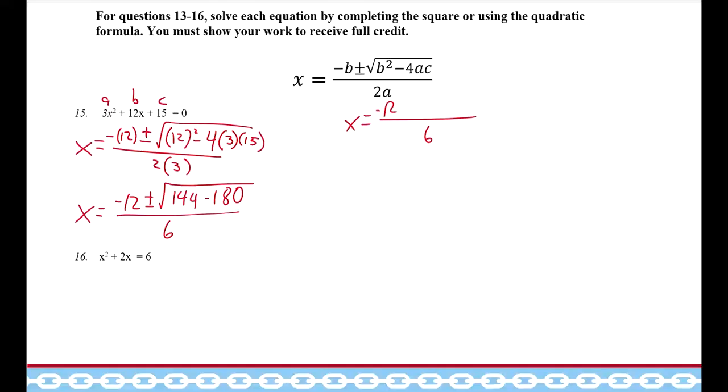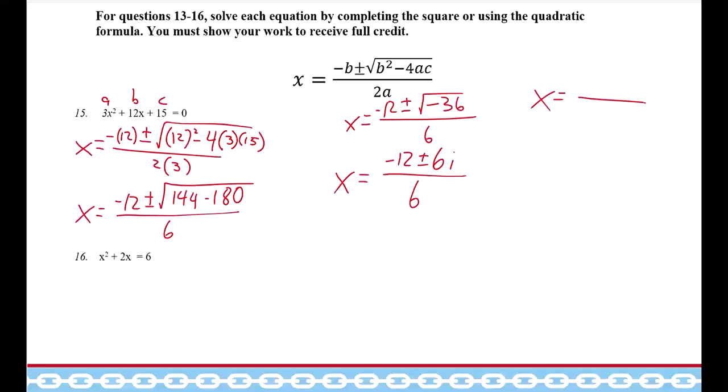Just keep simplifying away. Negative 12 plus or minus the square root of negative 36 all over 6. So we have an imaginary here because we have a negative under the square root, right? So we're going to have negative 12 plus or minus. Now the square root of 36 is 6, and the square root of the negative then is i, all over 6.